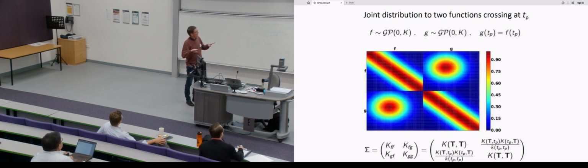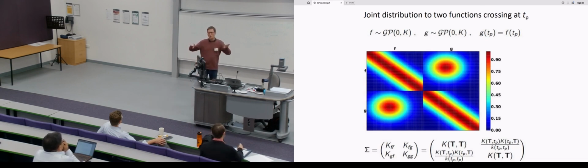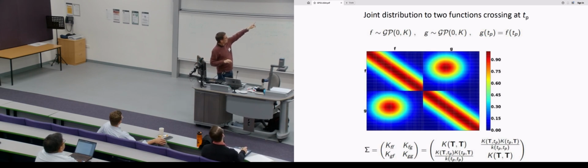And you can model this by considering two Gaussian processes that cross a particular point, which I'm going to call TP. So if you have two Gaussian processes, F and G, and they cross at a particular point, then the covariance function is going to look like this. The top left and the bottom right are just your standard RBF covariance.